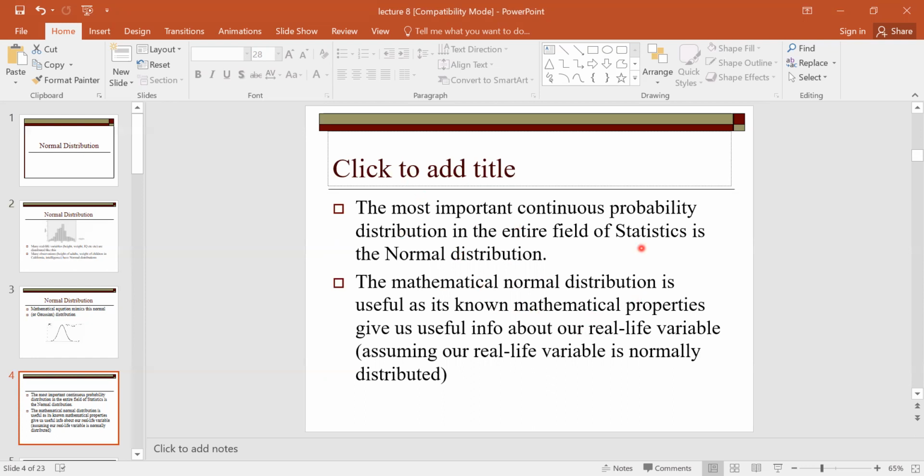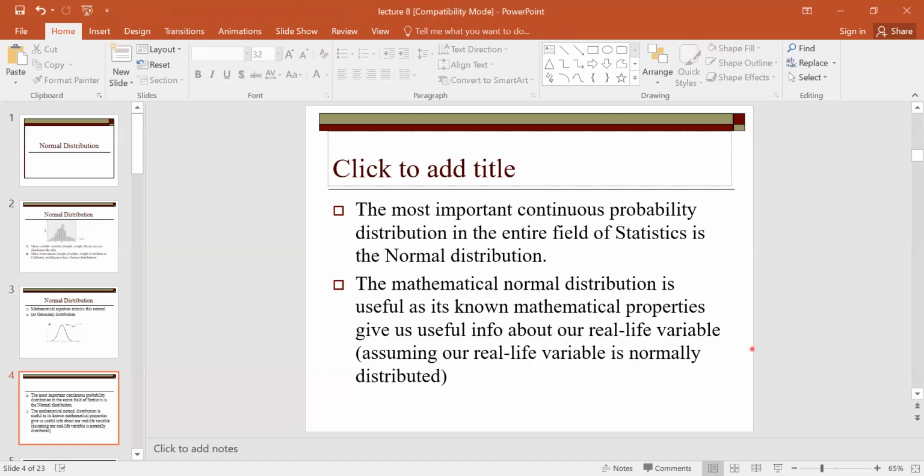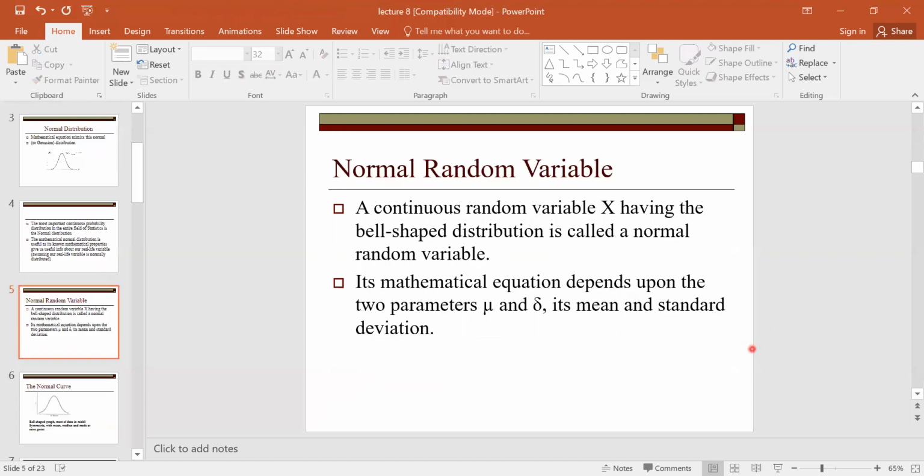This is the most important continuous probability distribution used in statistics, and we use it in many real-life variables like height, weight, age, and marks of the individual score. All these are examples of the normal curve.